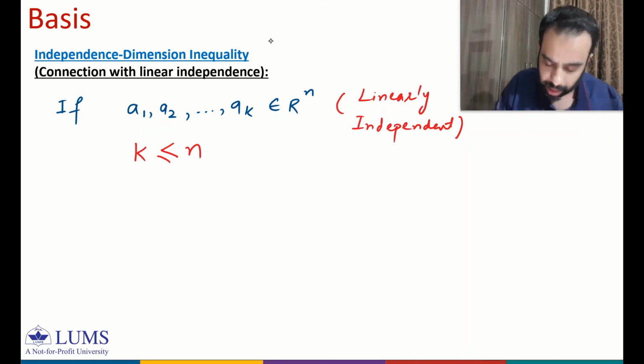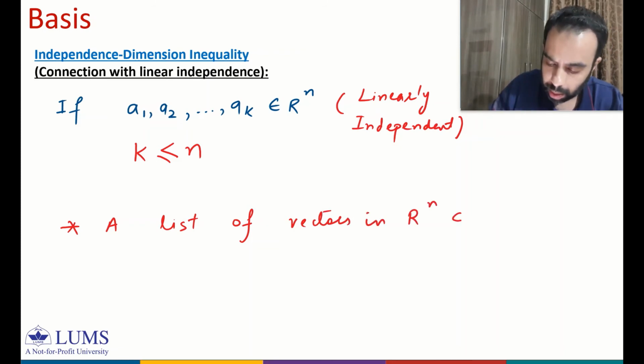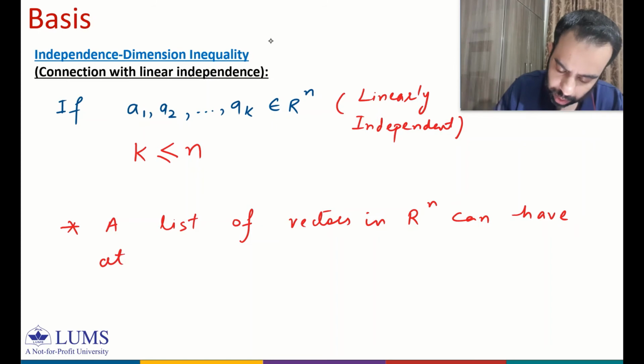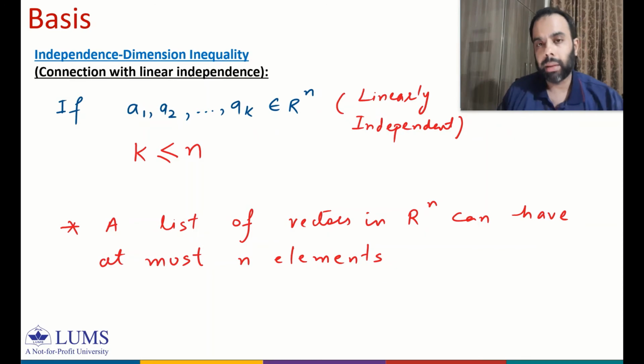So formally, a list of vectors in Rn can have at most n elements, and in fact these n elements are called a basis of Rn.